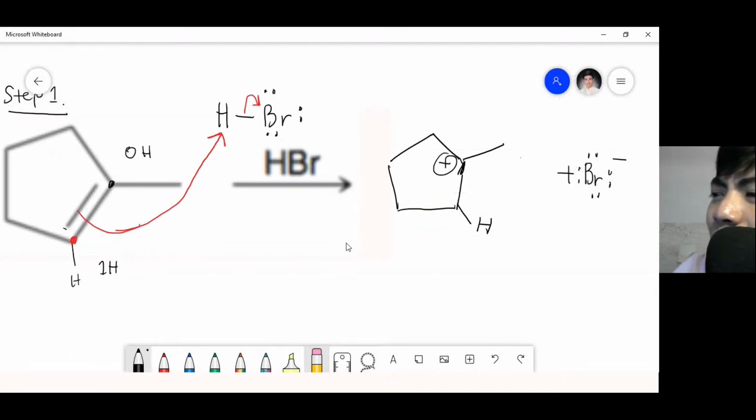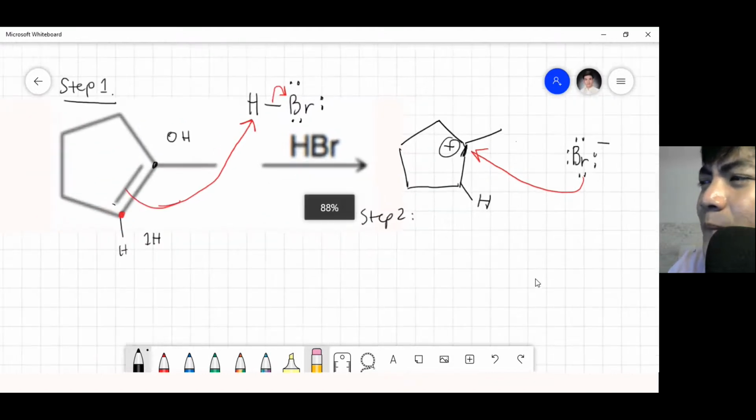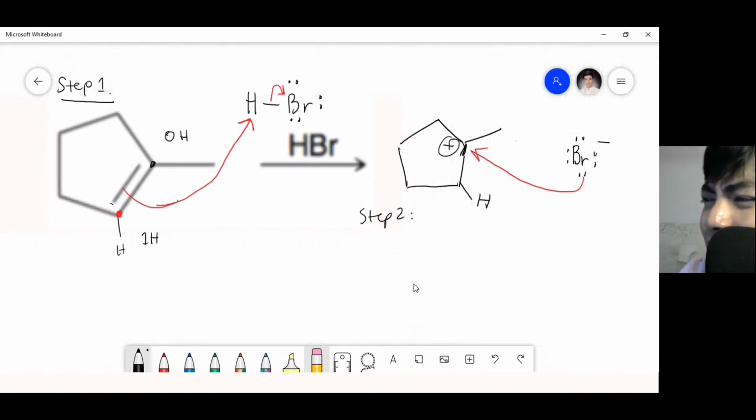In the step 2, step 2 is just simple. Your halogen will attack the Br. And the Br will attack the carbocation. When I say attack, basically dudugtong lang siya. You will just simply connect it.